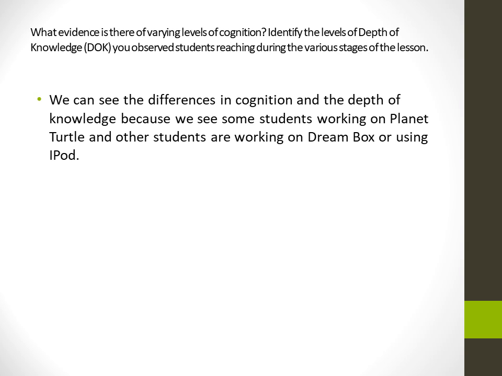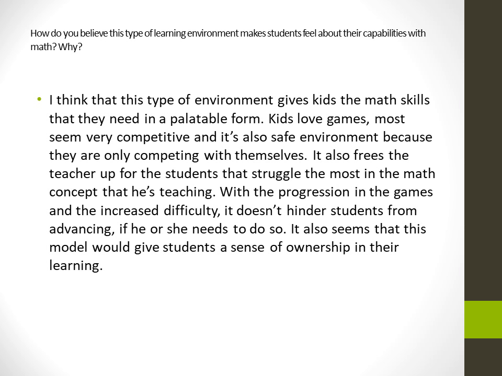So by using the various technologies, platforms, and software, the teacher could differentiate. If the student was at one level, they do this; at another level, they do that, and they can move up that chain.